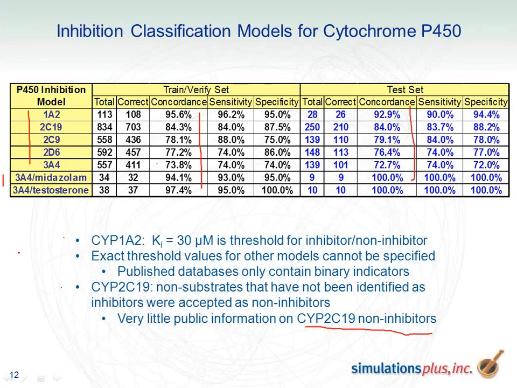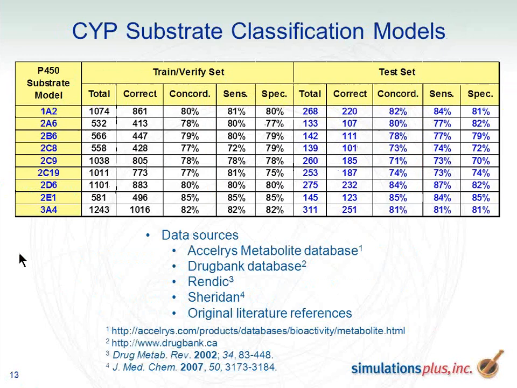Now I'll switch back to the PowerPoint presentation. This slide shows our substrate classification models for various CYPs. As I stated before, we have 9 classification models for the major CYP drug metabolizing enzymes. The data comes from various sources.